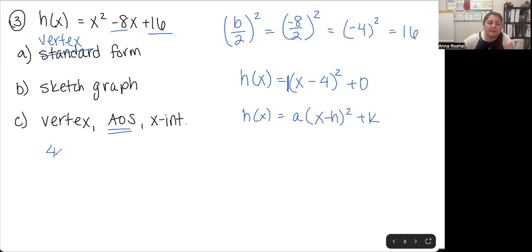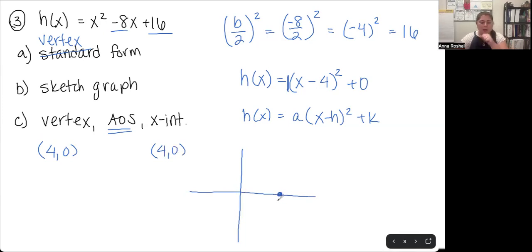So I know my vertex is going to be (4, 0), and my x-intercept is also going to be (4, 0). When I sketch this graph, I'm going to hit (4, 0). And because I don't have any stretches or shrinks, I know I'm going to go up 1 over 1, just like I did with the other one. Here, I'm going to go up 1 over 1, up 3 over 1, up 5 over 1. However big your graph should be, that's where we're looking for that particular piece.